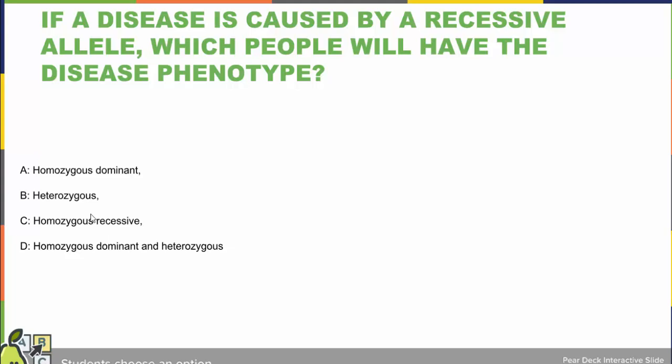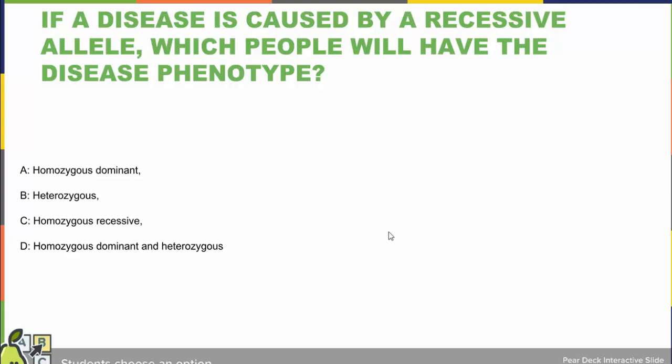Because if you are homozygous dominant, you wouldn't have the recessive allele at all. If you're heterozygous, that means you got one copy of the dominant allele and one copy of the recessive allele, but the actual phenotype would still be the dominant phenotype. So the only one that has that recessive phenotype is homozygous recessive, 2 copies of that recessive allele.